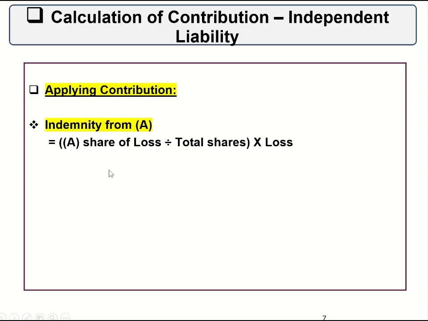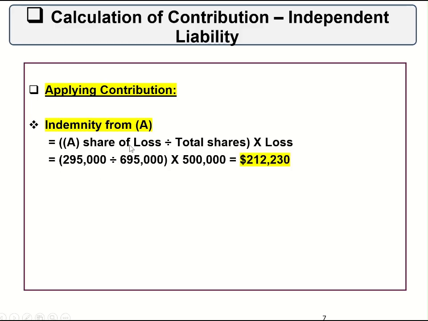Now, how? Let's look at this situation. Indemnity from A will equal the share of the loss from A, divided by the total share, multiplied by the loss. The share of the loss means the loss that we calculated before in the previous slide for company A. The total share would be the share of loss from company A and company B, multiplied by the loss.